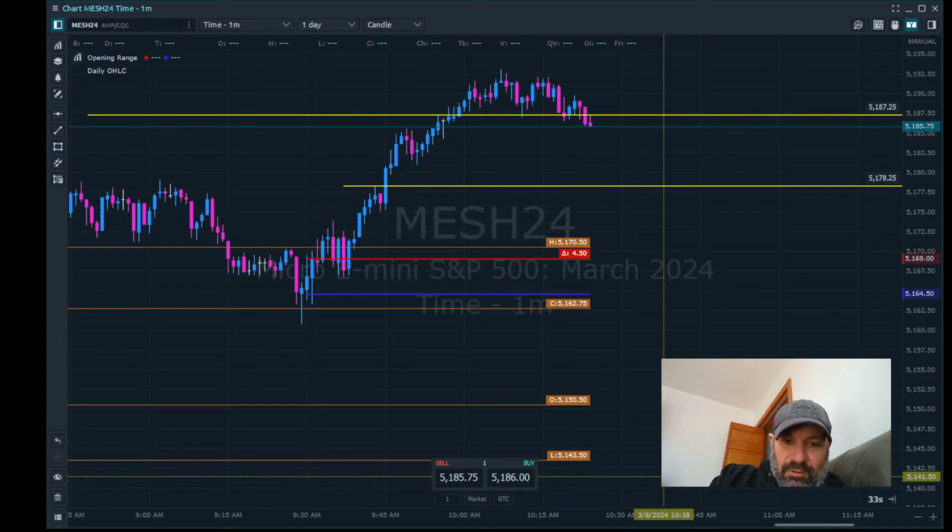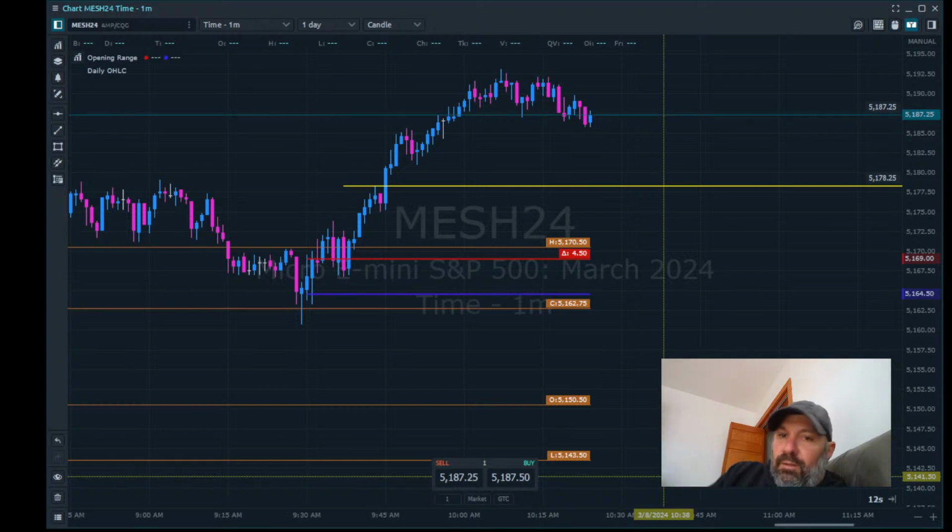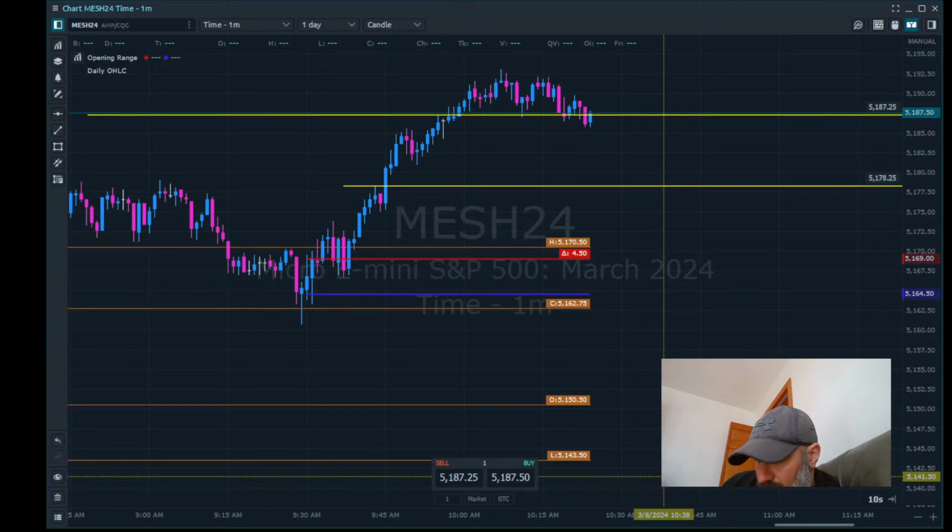I think we're going to go lower here. This doesn't look like it wants to leave the gap on the 1 minute here. It's kind of bouncing. Oh, and then we did leave the gap. Okay. Again, this is why we wait on things before.